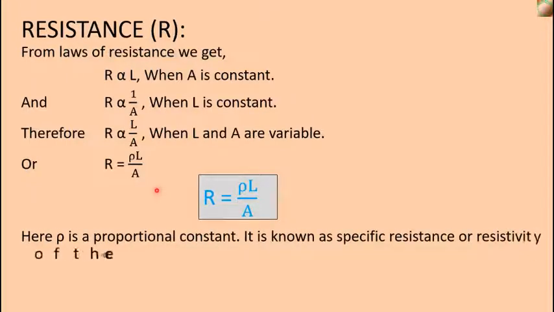It is known as specific resistance or resistivity of the conductor. This rho depends on the material of the conductor. It is the property of the material. We can get a concept about the material of the conductor by the value of resistivity or rho.